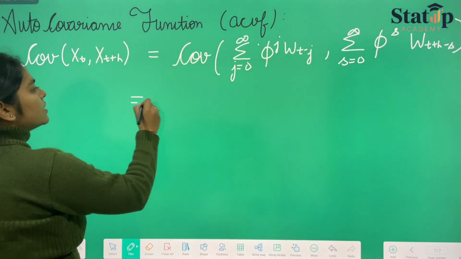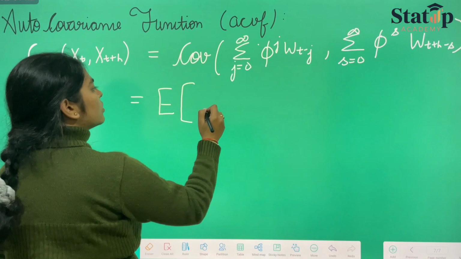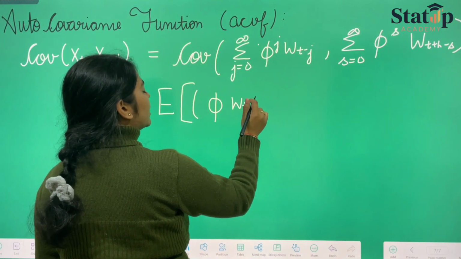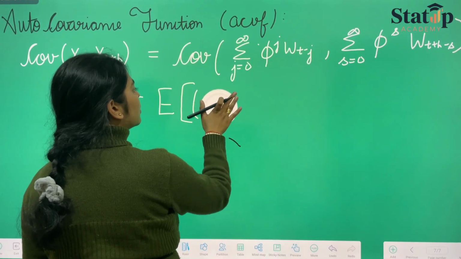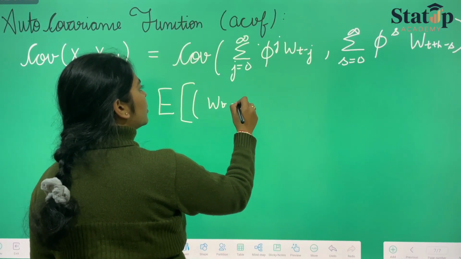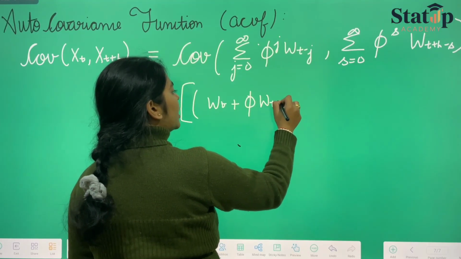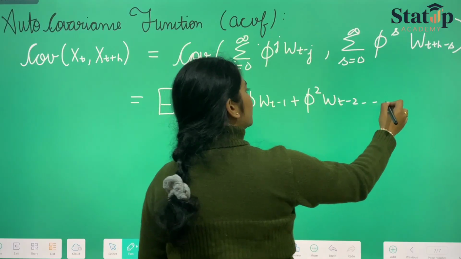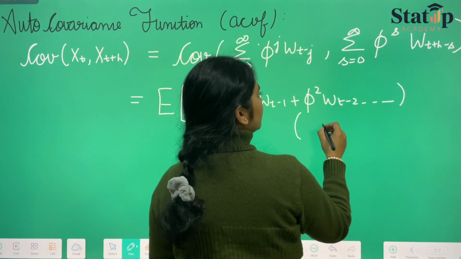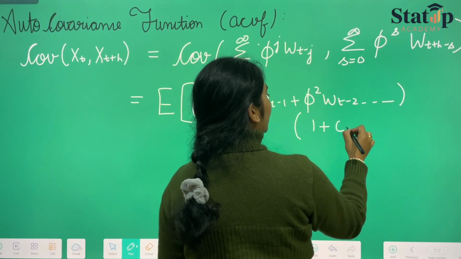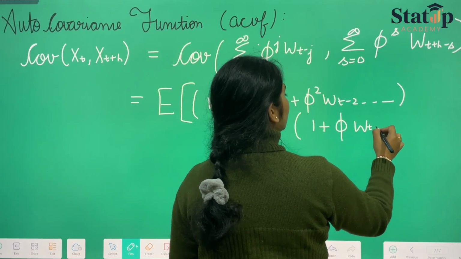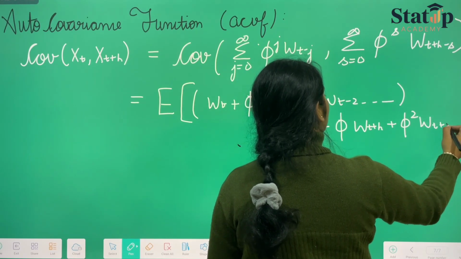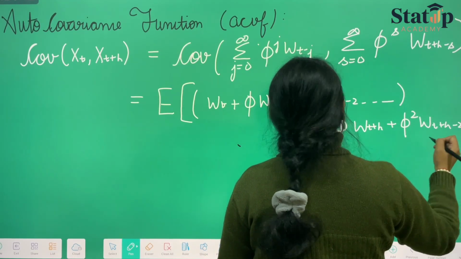This can also be written as the expectation of (w_t plus phi w_{t-1} plus phi squared w_{t-2} and so on till infinity) times (w_{t+h} plus phi w_{t+h-1} plus phi squared w_{t+h-2} and so on till infinity).